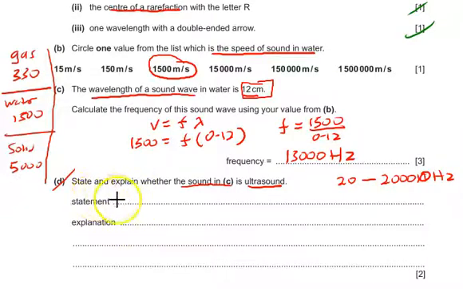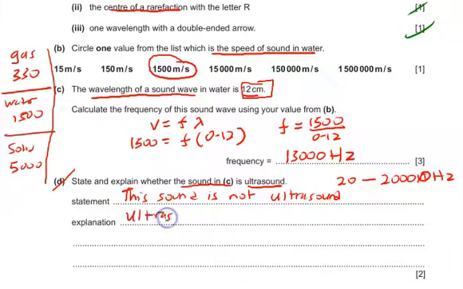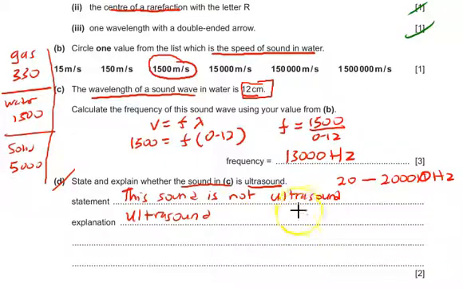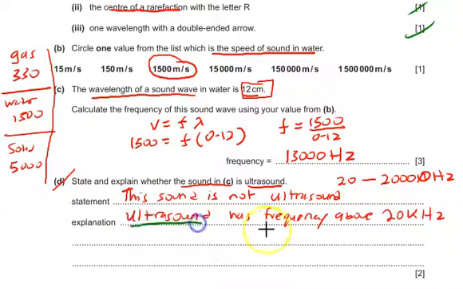So you can write the statement: this sound is not ultrasound. For your explanation, you can write it like this: ultrasound has a frequency above 20 kilohertz.